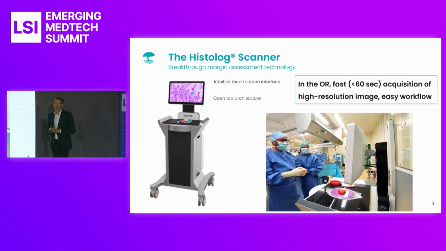How do we do that? So the company has developed the Histolog scanner, which is based on confocal microscopy. Confocal microscopy, which has existed for decades, but has been evolved to basically allow for an ultra-fast, in the operating room, real-time, high-resolution image.